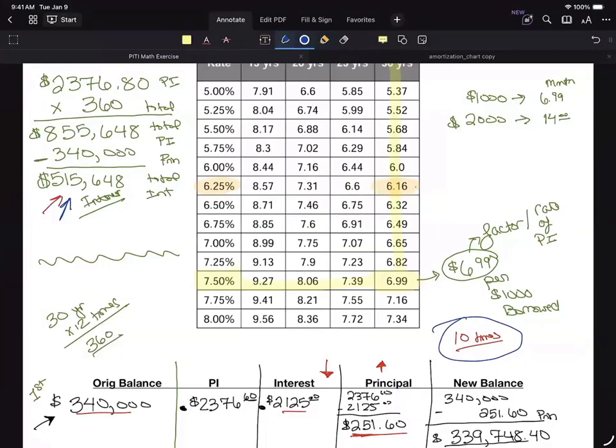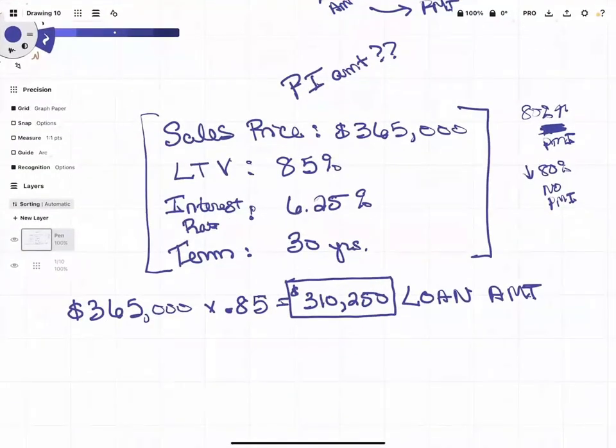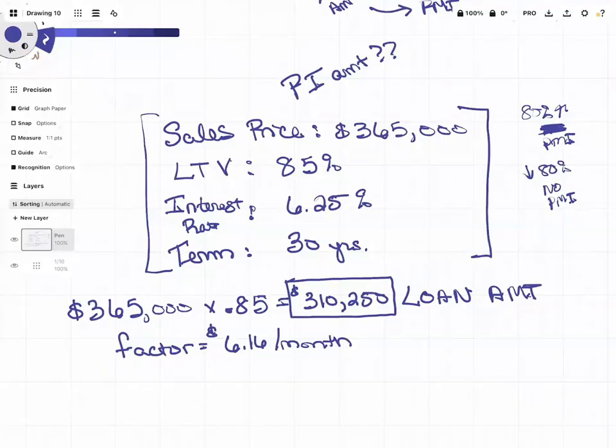So we know our factor is going to be 6.16. Does that make sense? Yes, it does. So 6.16 at 30 years. And we know the factor is per 1,000 borrowed.